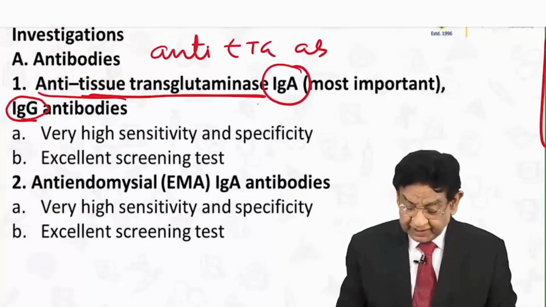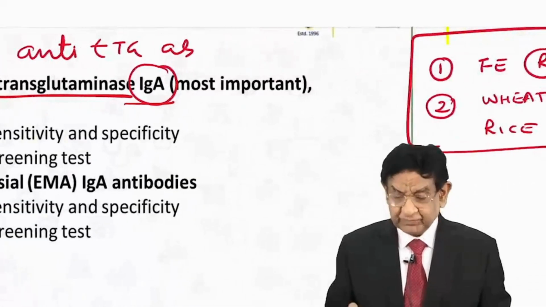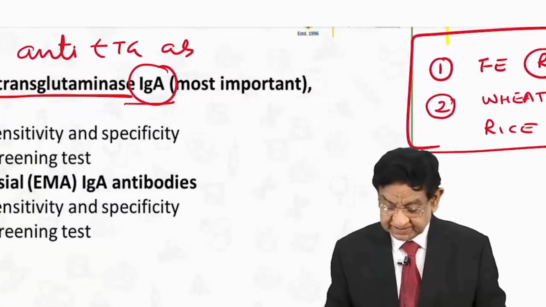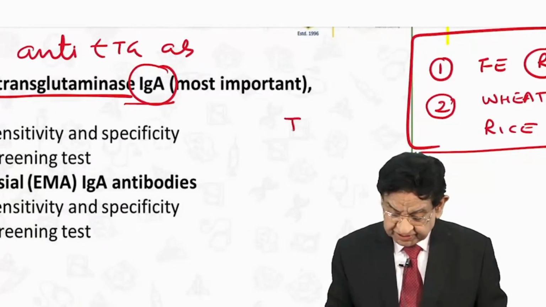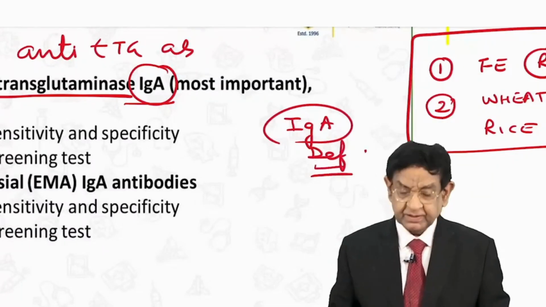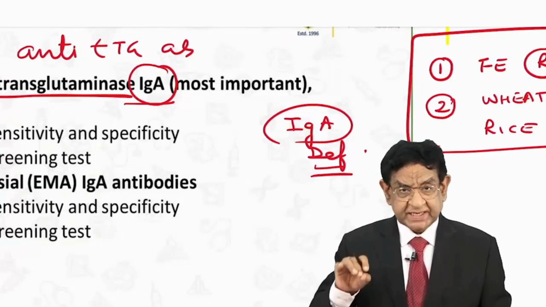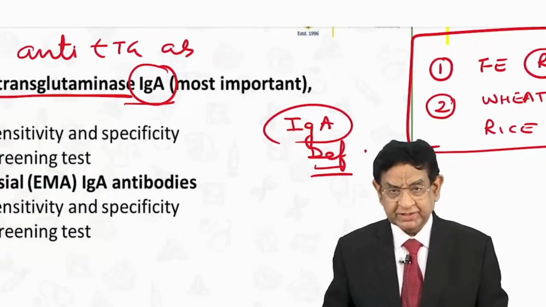The point is, normally we always go for IgA antibody, but one problem which happens in celiac disease is they may have IgA deficiency, right? What is the meaning and significance of this line? I'll be talking to you in the coming slide.